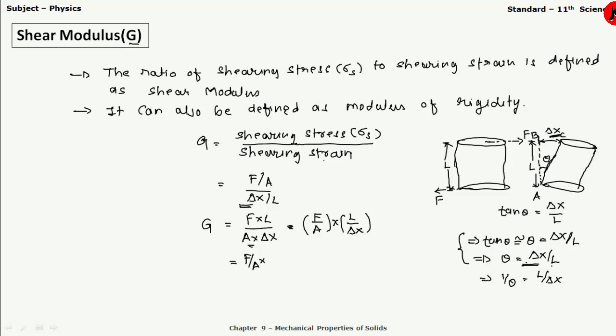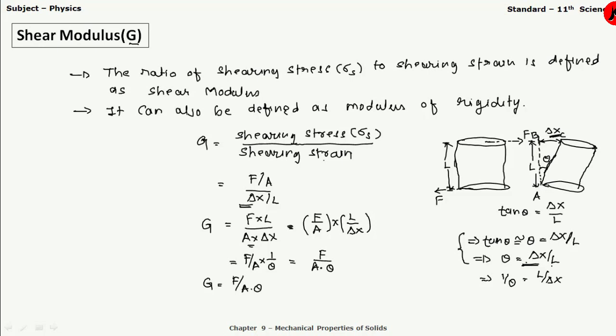So in place of L by delta x, I can write 1 by theta. So the new equation of shear modulus G is F upon A into 1 by theta.